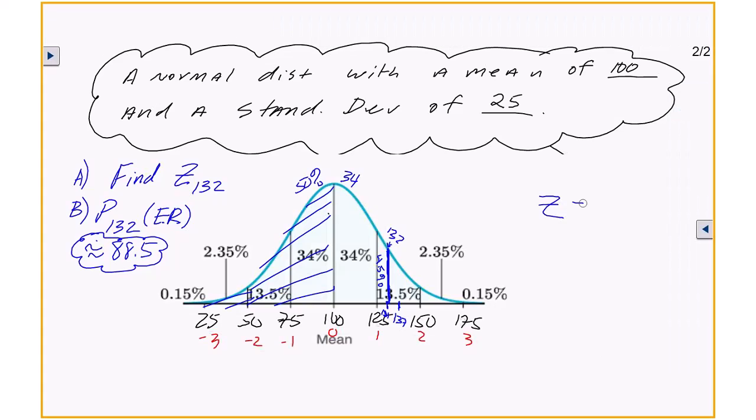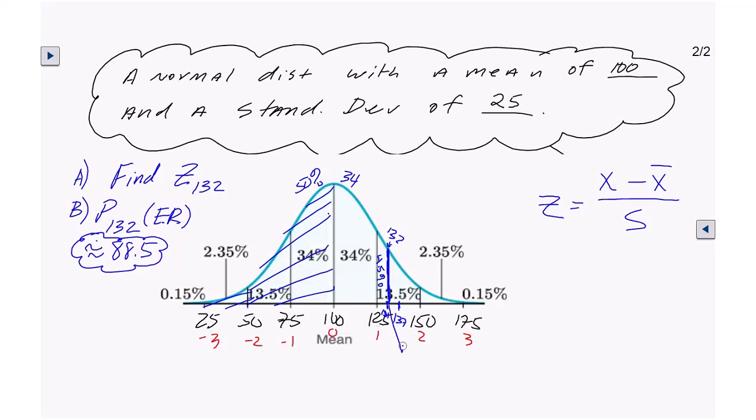Z is equal to x minus x bar over standard deviation. But we can go back and use a little bit of common sense, and since I said that was about a third, I would say the z-score here is around 1.33.